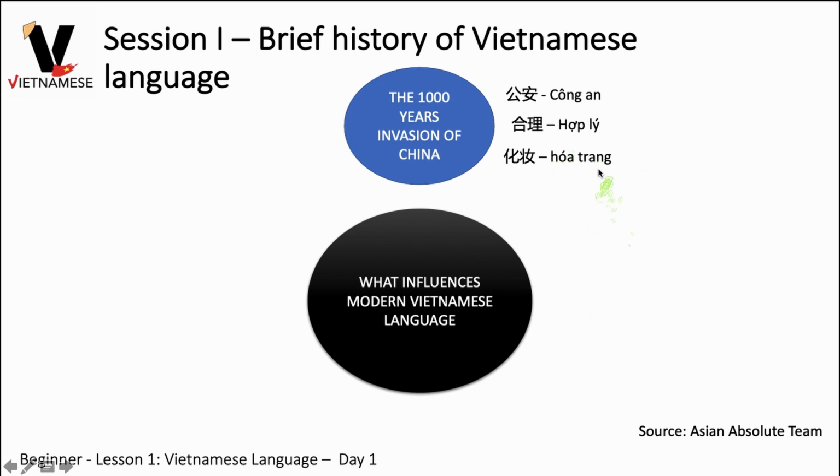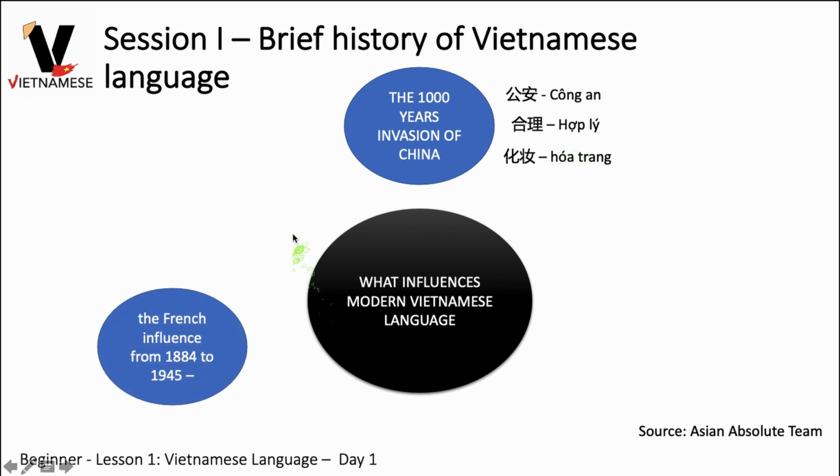But just because it sounds the same doesn't mean that it has a similar meaning. For example, this one, Hoa Truong, means to make up for a woman, but in Vietnamese Hoa Trang means to camouflage. The meaning is slightly different. And the second thing is the French influence from 1884 to 1945.